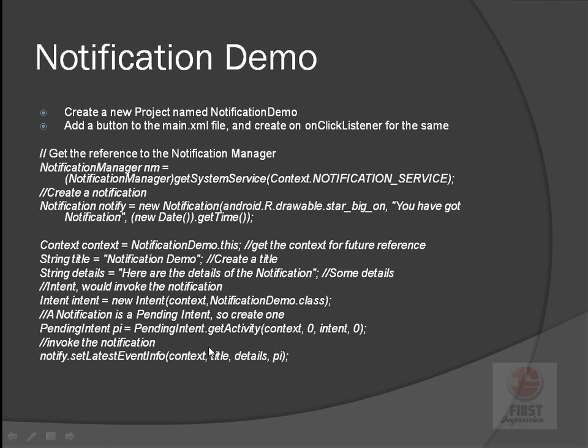So you have the context, the title, the details, and the pending intent. And then you will say nm.notify. This will notify the user for this notification, and you will be able to get at the top status bar of your screen this notification saying you have got notification.